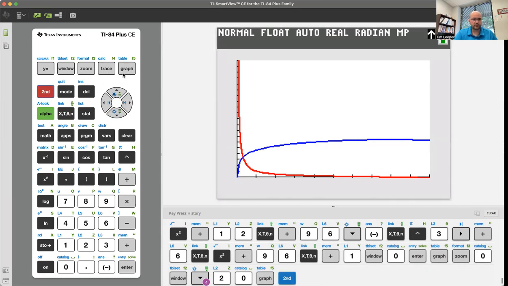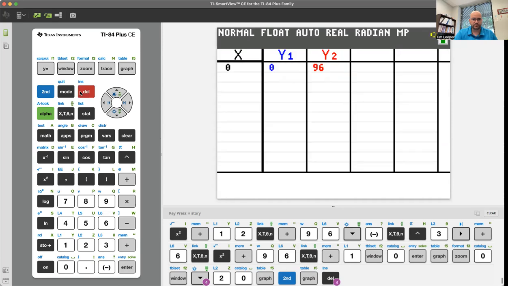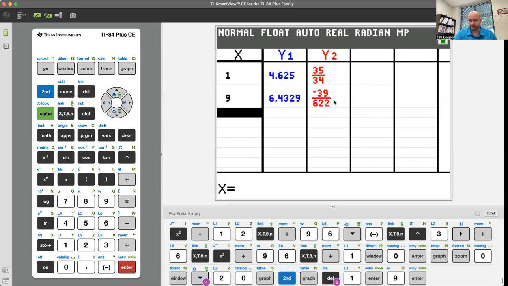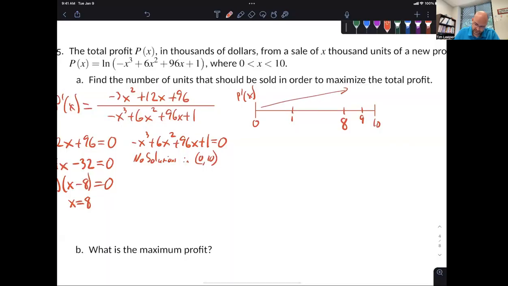So on the table here, the important point was 8, which means I need to look at 1 and 9. And again, we're looking at the derivative. So it's positive for 1 and negative for 9. So we're going to be going up until we reach 8 there, and then down between 8 and 10 there.